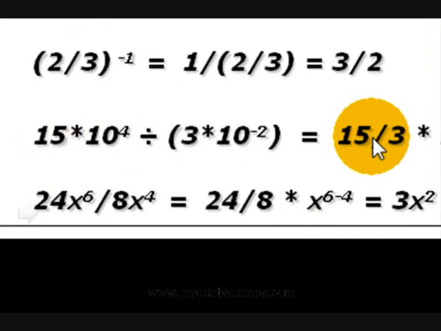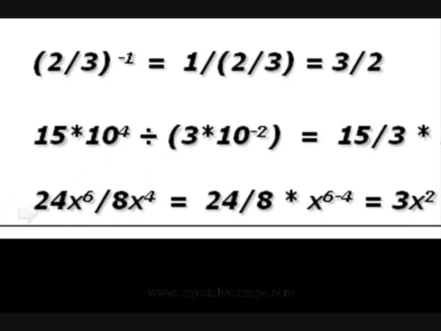That gives us 5. But now, the initial part, you have 10 raised to power 4 divided by 10 raised to power minus 2. When you are dividing two numbers that have the same base, all you need to do is to raise their common base to the power of the difference of their indices.